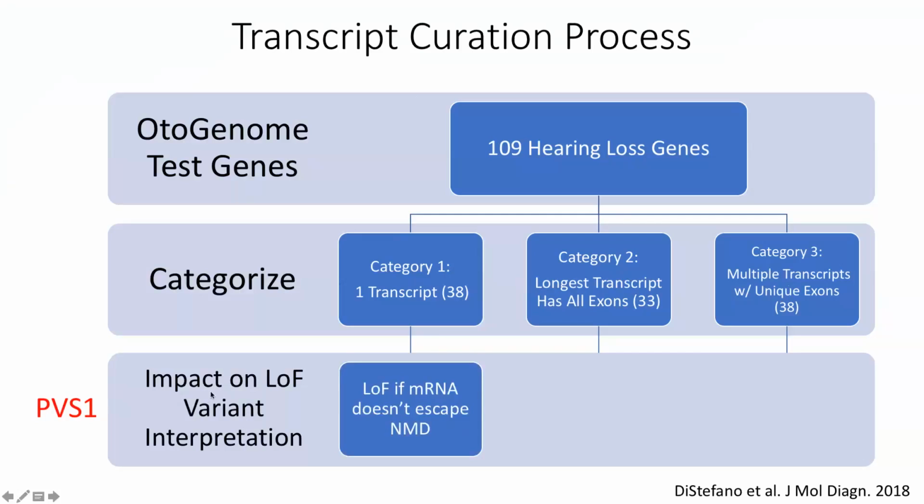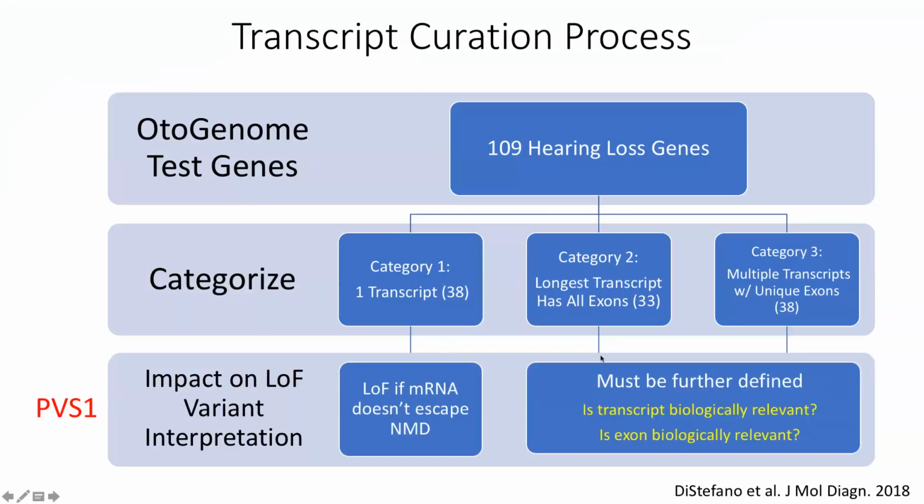So to put this in perspective, for category 1 genes, if you have a loss of function variant, the variant is likely loss of function if the mRNA doesn't escape NMD or if the variant isn't present at the very end of the gene, something like that. In category 2 and in category 3, if you have a loss of function variant in a gene with multiple transcripts, you really need to do more evaluation and more curation on these because you need to ask yourself, is the transcript biologically relevant and is the exon biologically relevant?